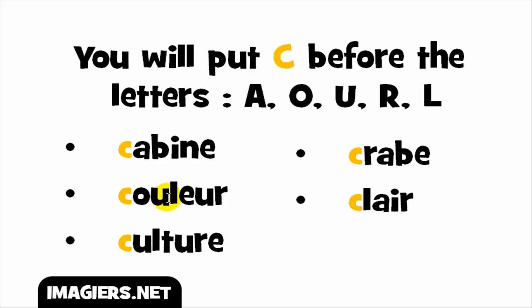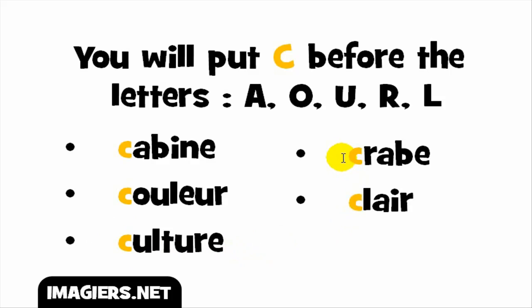Second example here, well, you've got this vowel O combined with the other vowel U, and remember it gives you the sound OU, okay, but then remember that the C is still K, cou, couleur, okay, couleur, all right. Third example, you get the sound U, okay, so if you combine it with the C, it will give you Q, okay, and the full word goes like culture, culture, all right.